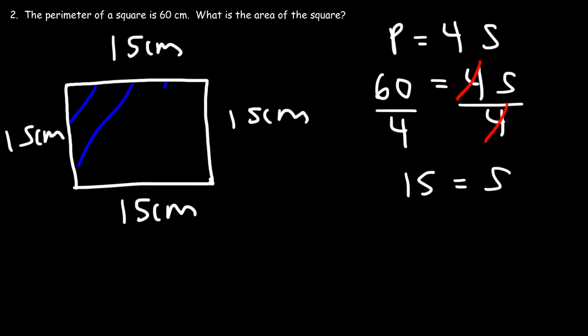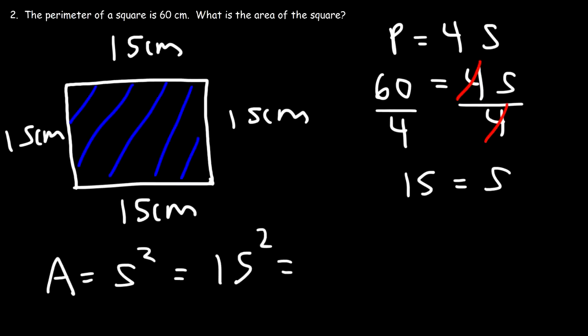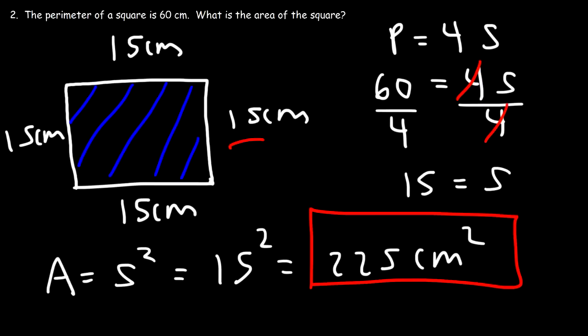So the area of this square is going to be s squared, or basically 15 times 15, which is 15 squared. And so that comes out to be 225 square centimeters. And so that's it for this problem. That's the area of this particular square.